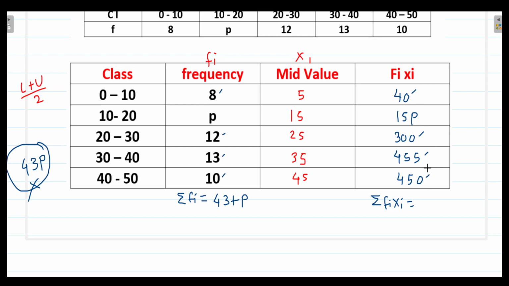So add all these like terms, and after adding these like terms you get it as 1245, and keep this 15P as separate, plus 15P. So highlight this sum of Fi xi. So highlight this summation of Fi and summation of Fi xi, and now we will solve it further.